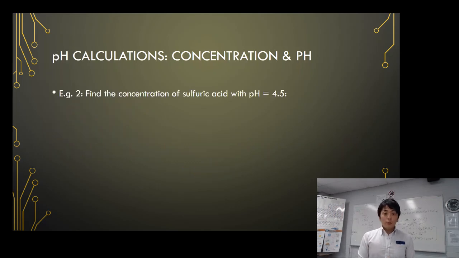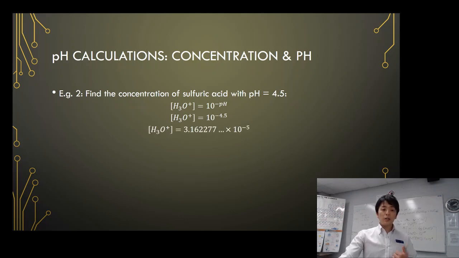This is an example. Find the concentration of sulfuric acid with a pH of 4.5. The only thing you have to do is to use this formula. If you plot 4.5 into where the pH is, you should be able to find this number.